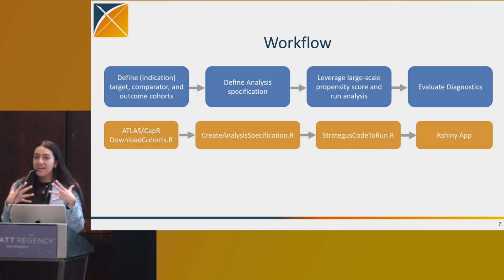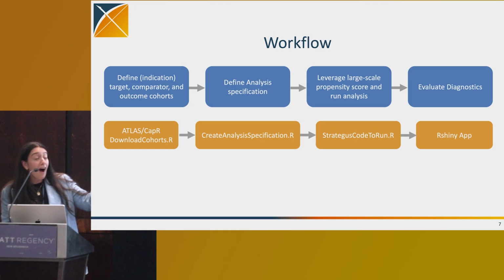And so you, as the designer of the study, will develop this JSON file using some tools that we have. And then that JSON file can be shared with any other site in the network that maybe you want a certain partner to run that study as well, and we can now put those results together in a meta-analysis. And so it's really easy now to do this analysis at many different sites by sharing this JSON file.